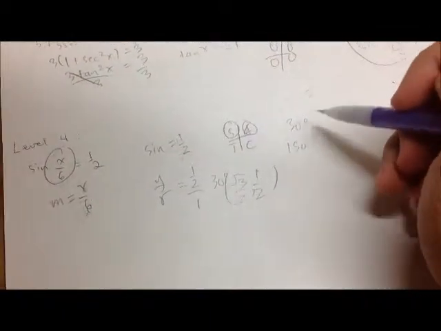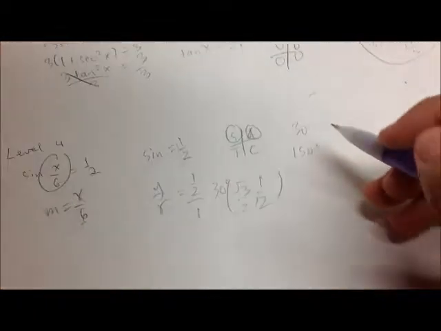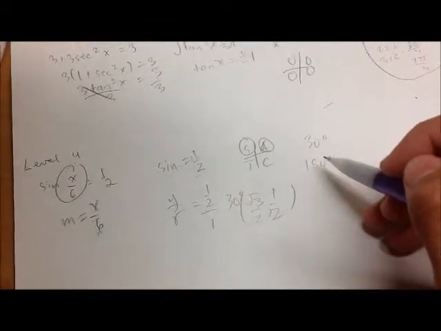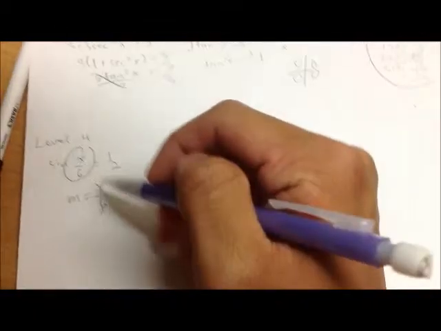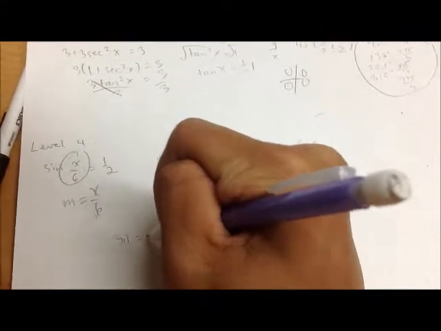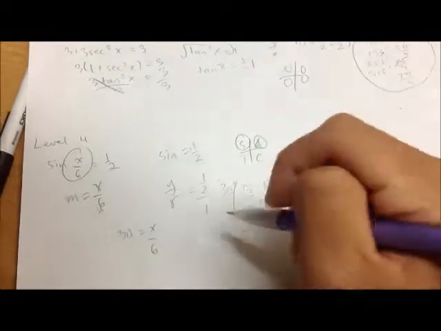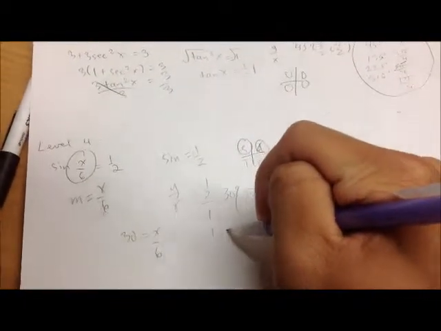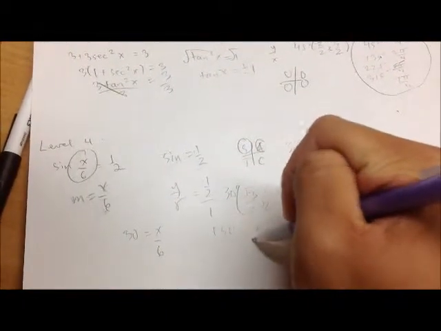Okay? But that's not the answer. We take that as m, and we set them equal to each other, basically. So like 30 equals x over 6, and 150 equals x over 6.